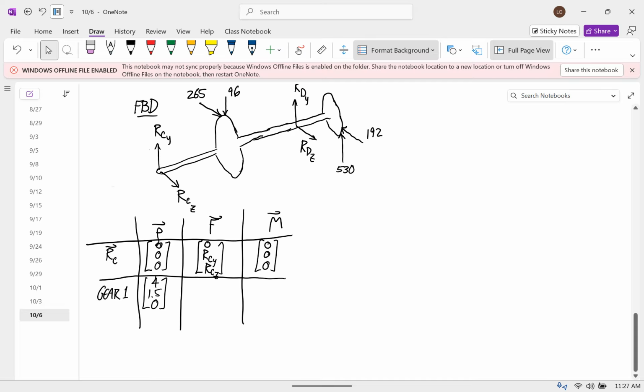So 0, negative 96, 265. And you get 397.5, negative 1060, negative 384.